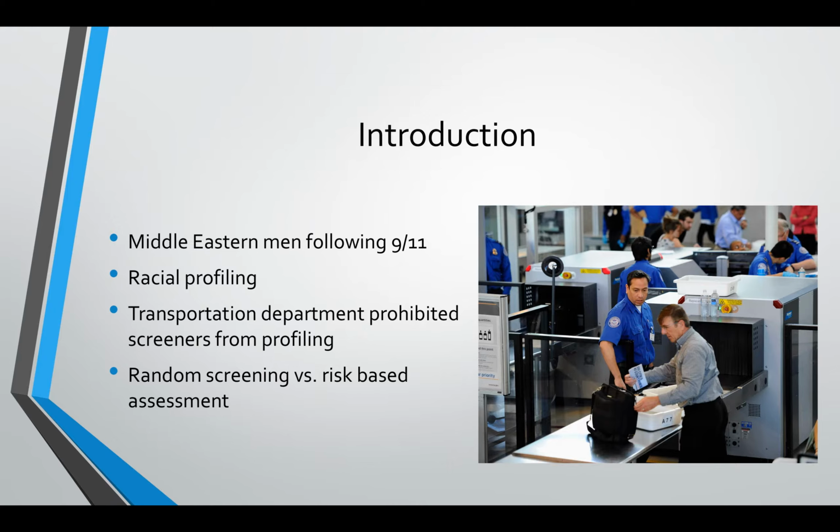In risk based assessment, passengers would go through extra screening procedures based on their calculated risk for terrorist activities. The problem with this, of course, is that it introduces the strong possibility of racial profiling. The argument in favor of it is that it may lead to more secure airports.